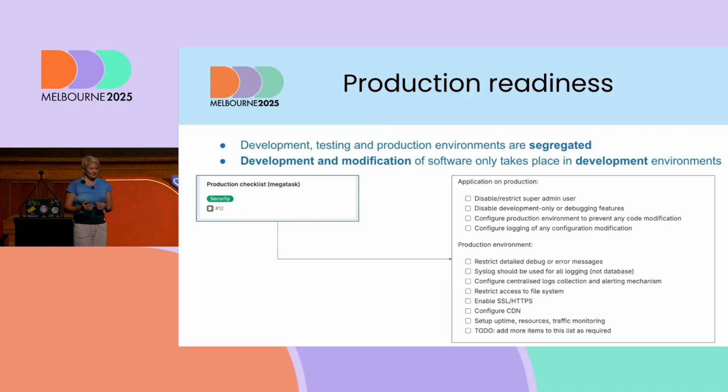And when you're deploying into production, make sure your super admin user is restricted or even disabled. The development-only and debugging features should be turned off. Any logging should be done safely and should not be displayed to end users.